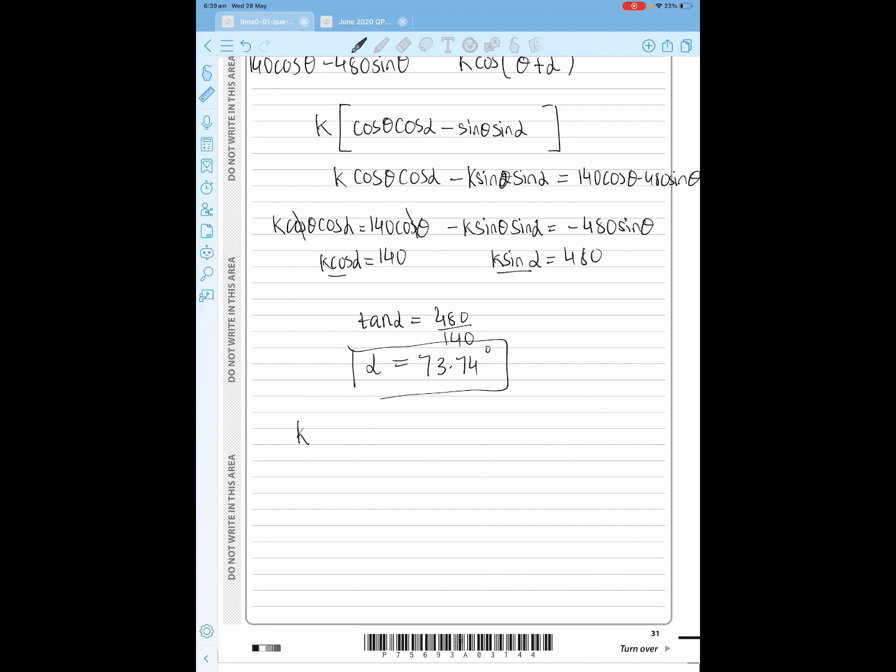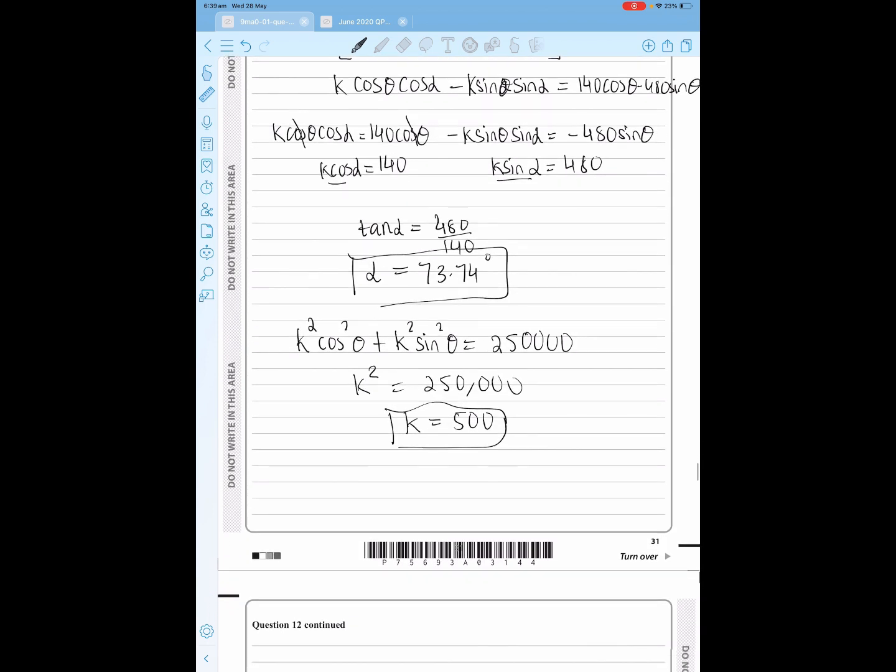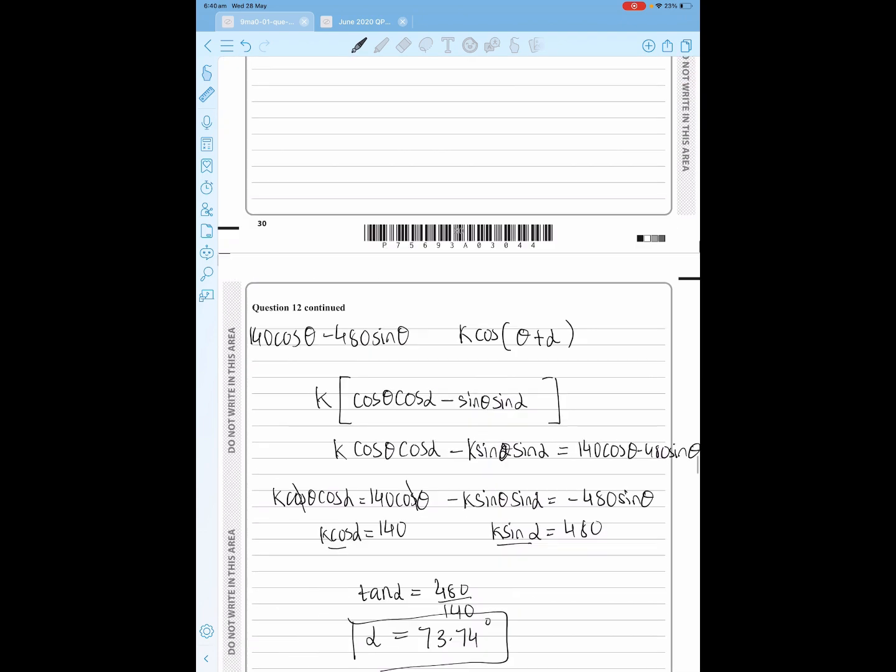If I just quickly prove it, if you square that and add that, k squared cos squared theta plus k squared sine squared theta is equal to 140 squared plus 480 squared, which gives you 250,000. Just take out a k squared, and you'd get cos squared theta plus sine squared theta, which is 1, is 250,000. So k would be equal to 500. You don't need to show this. I just did it to show how we get there. So that's 12A done.